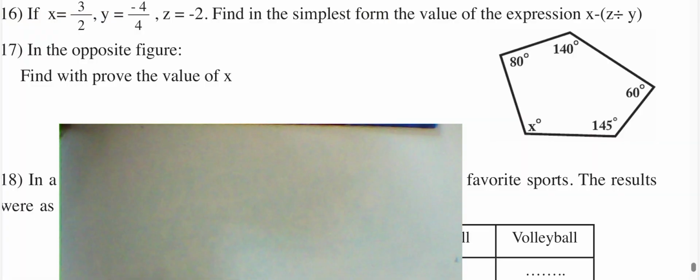In the opposite figure, find the value of x with proof. We have here 1, 2, 3, 4, 5 sides. We call it a pentagon.